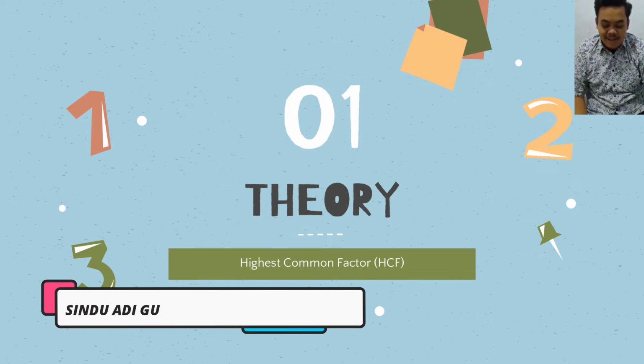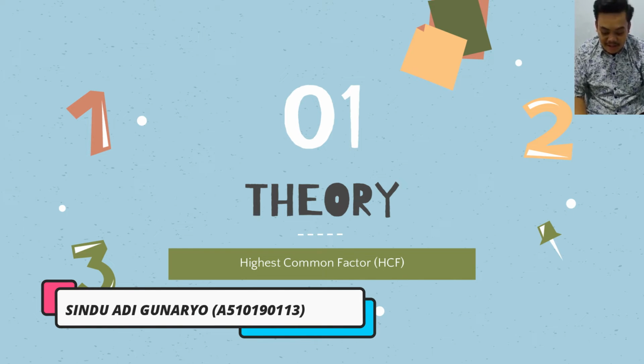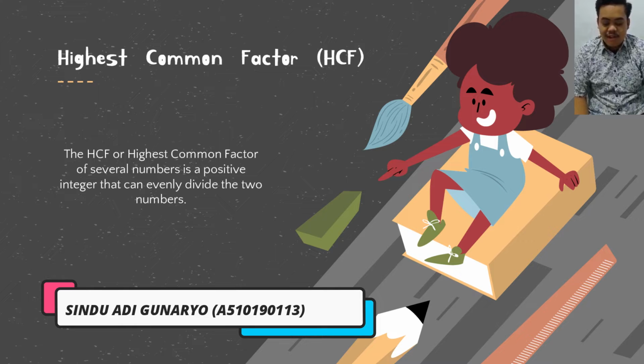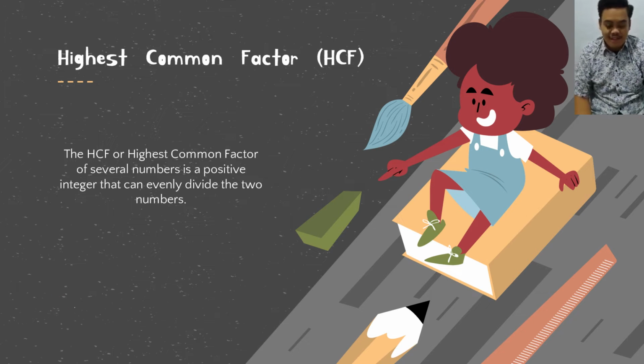Theory: the Highest Common Factor (HCF), or another term, the Greatest Common Divisor (GCD), of two or more numbers is the largest positive integer that can evenly divide those numbers.